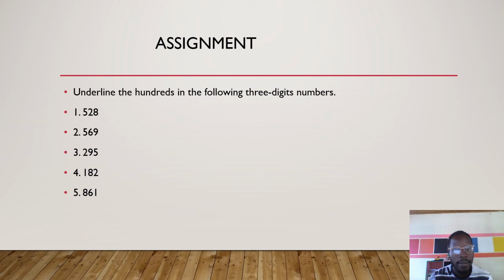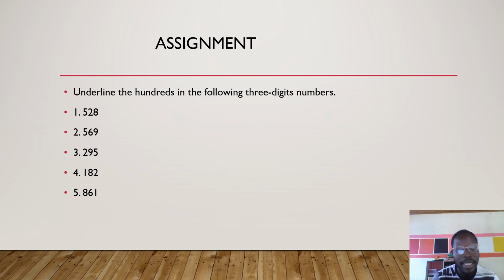Here it says underline the hundreds in the following 3 digit numbers. Take number 1, 528. 8 is under the ones, 2 is under the tens, and 5 is under the hundreds.